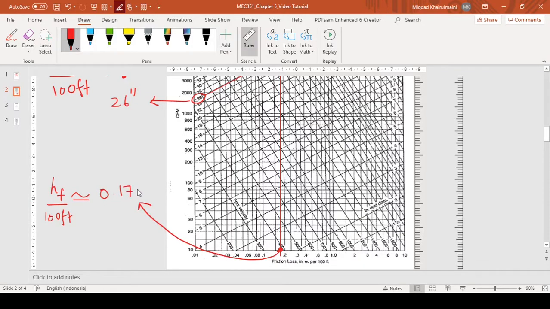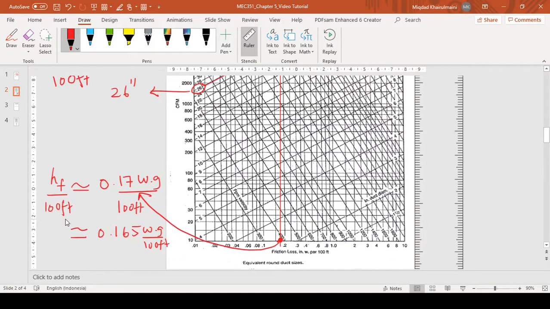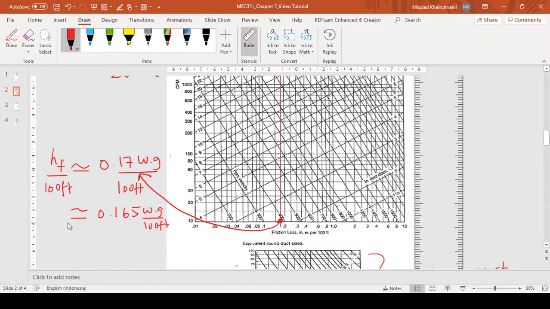The unit is water gauge per 100 feet. Some might read 0.165 water gauge per 100 feet, and some might even read 0.167 or 0.168.